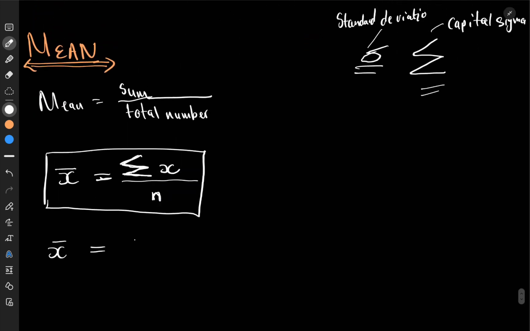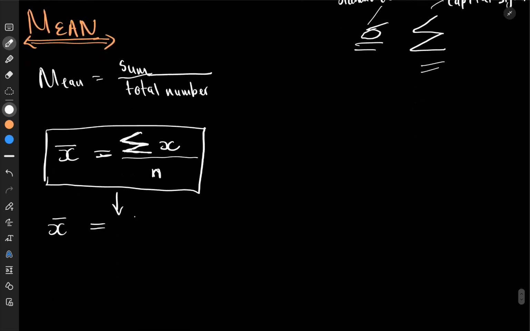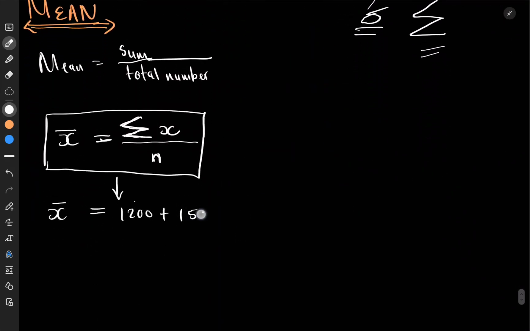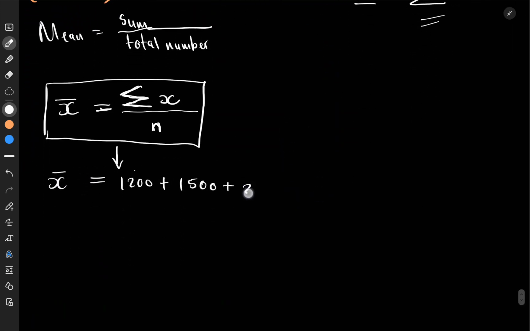Now, you would then write below: what is the summation of x? 1,200 plus the other one, 1,500, because these are the x values, plus the other one, 2,200, divided by 3. Then we can find the answer.